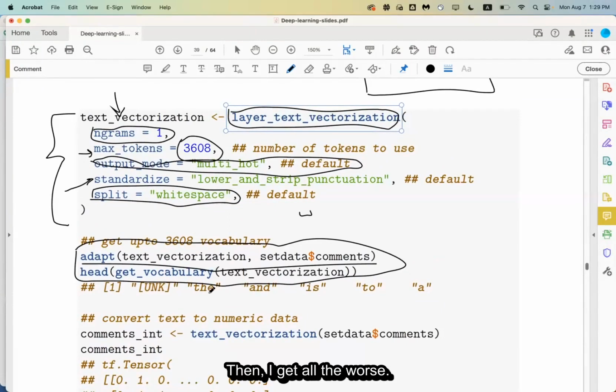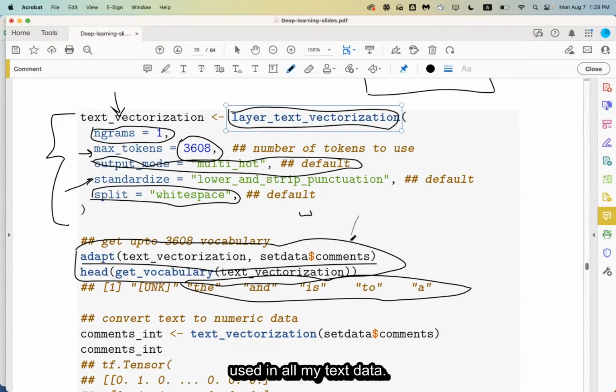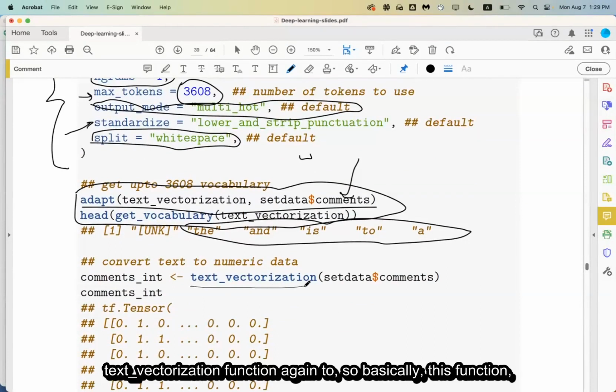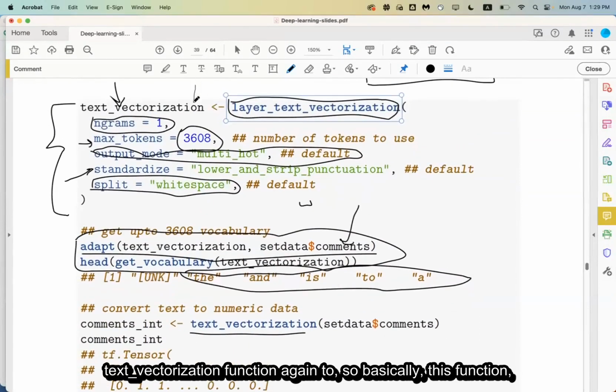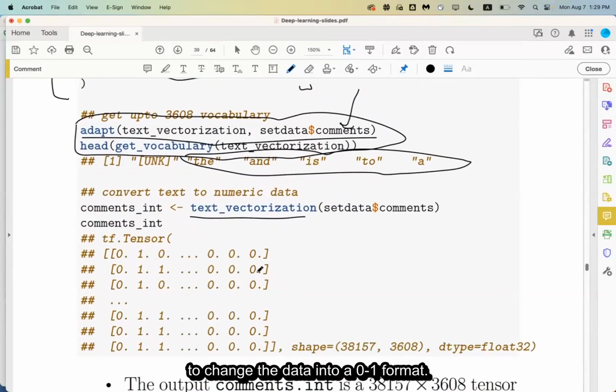Okay, and then I get all the words. So those are the top 3,600 words used in all my text data. And then I use the text vectorization function again, basically this function, to change the data into 0, 1 format.